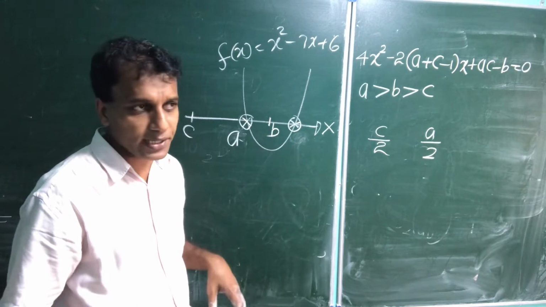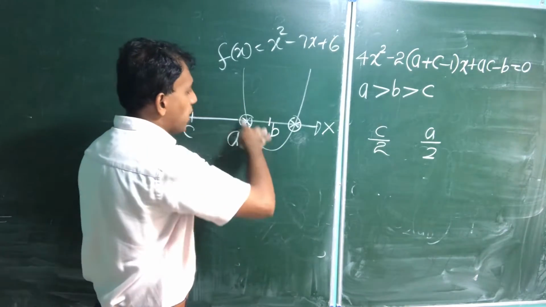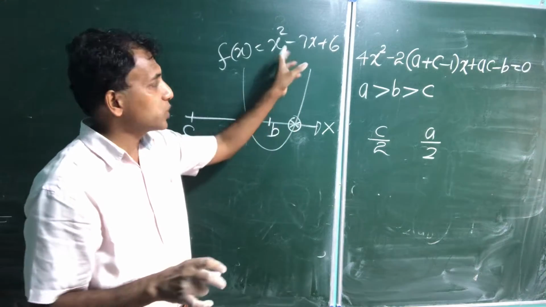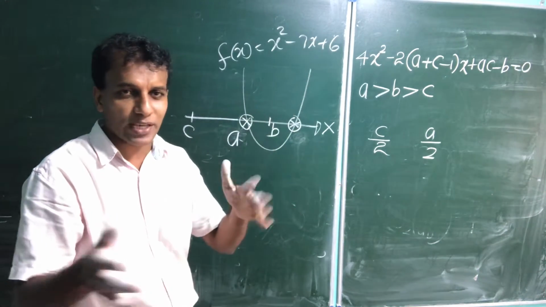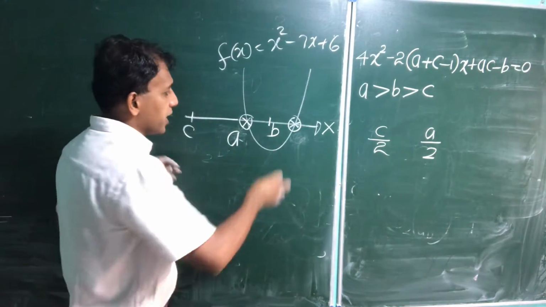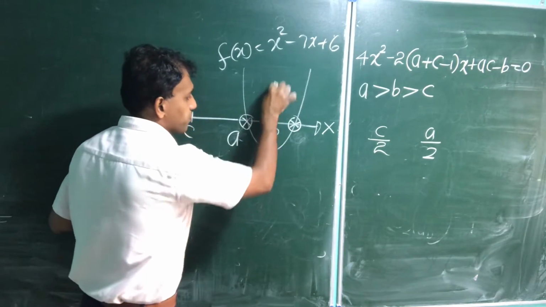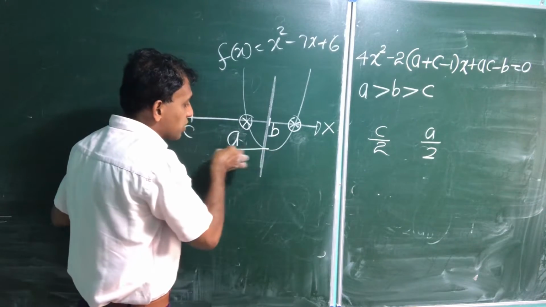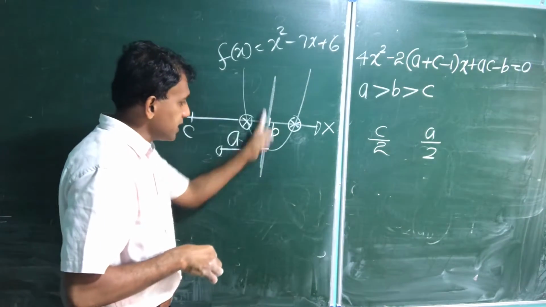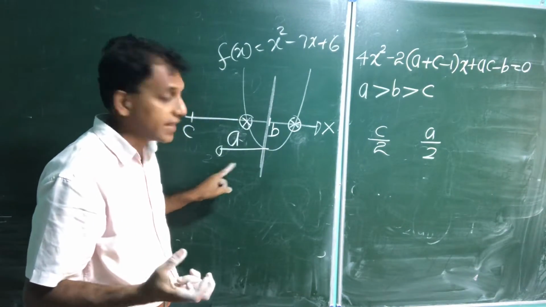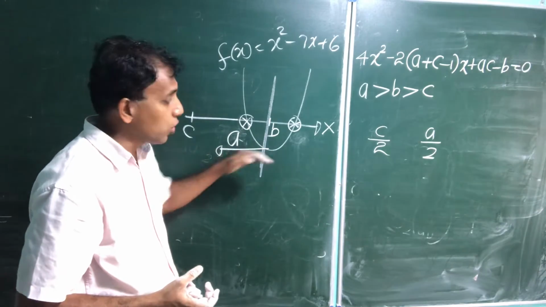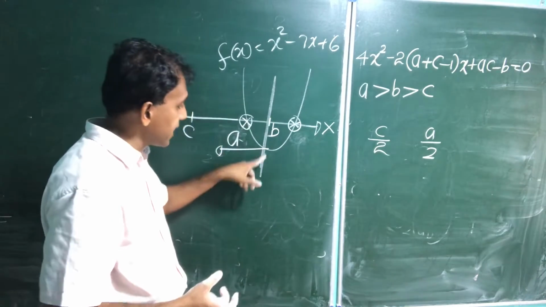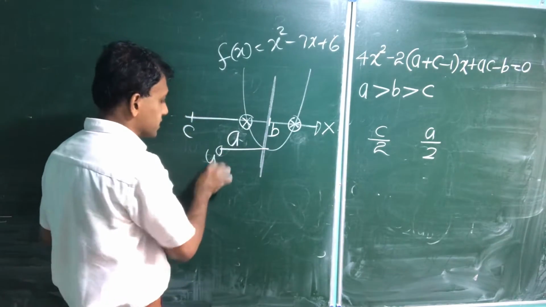The method is, you have the equation; they will provide the equation, something like x square minus 7x plus 6. If x is B, what is the function value? If x is B, the function value y is negative. I have drawn the x-axis here, so my graph is below the x-axis, y is minus.